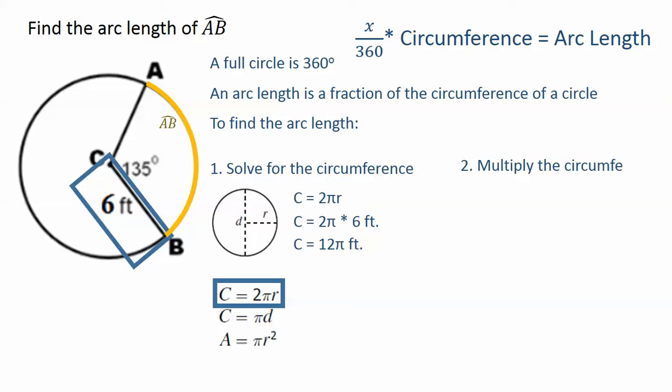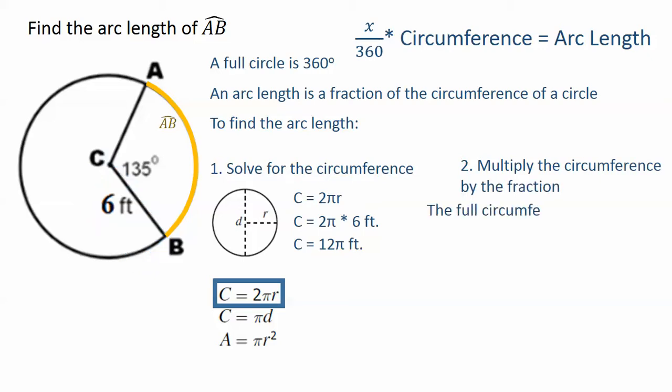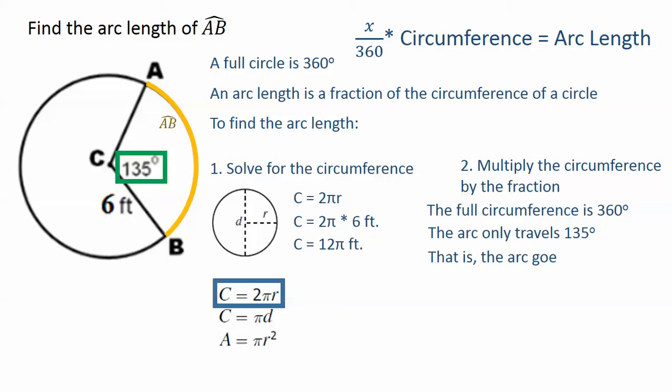Now, we're going to multiply the circumference we just solved for by the fraction. The full circle is 360 degrees. The arc only travels 135 degrees. That is, the arc goes 135 out of 360 of the entire circle.